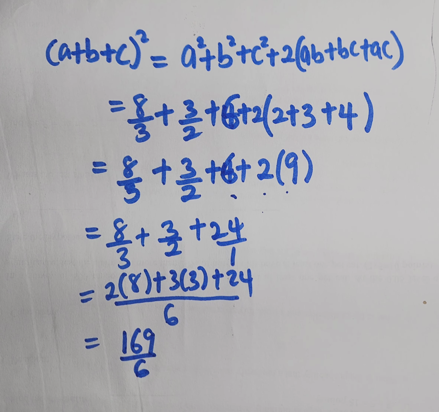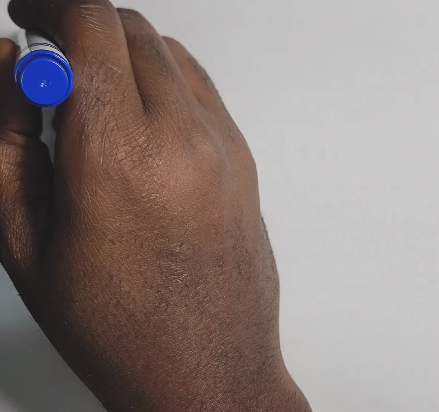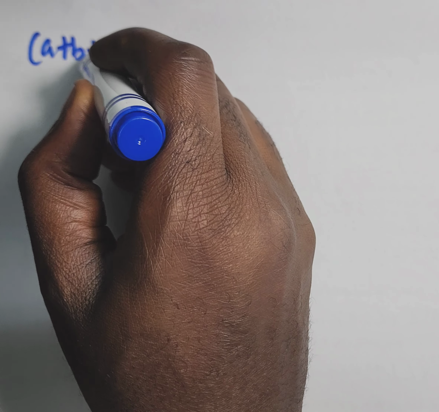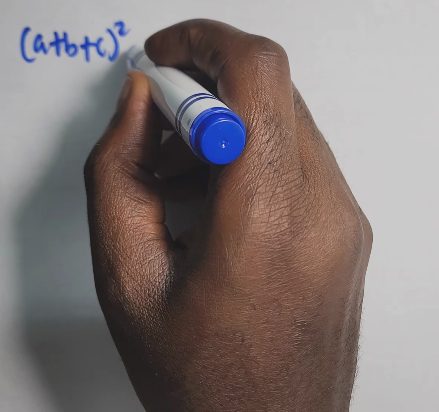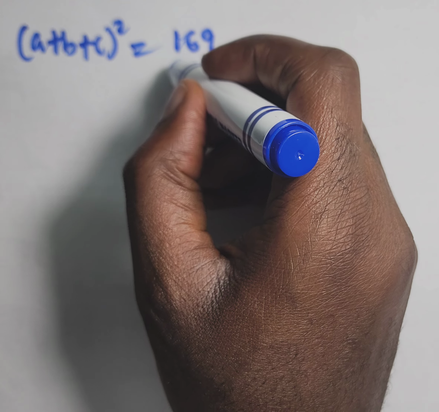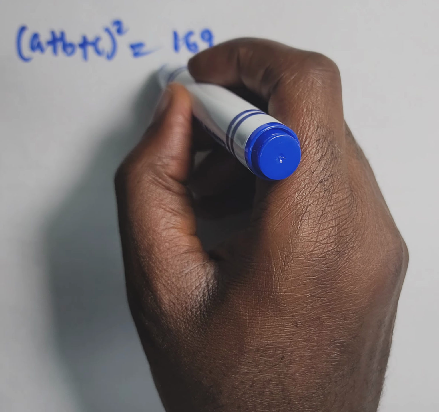This is what you got, 169 over 6. Now, from that, we have our A plus B plus C squared to be 169 divided by 6.